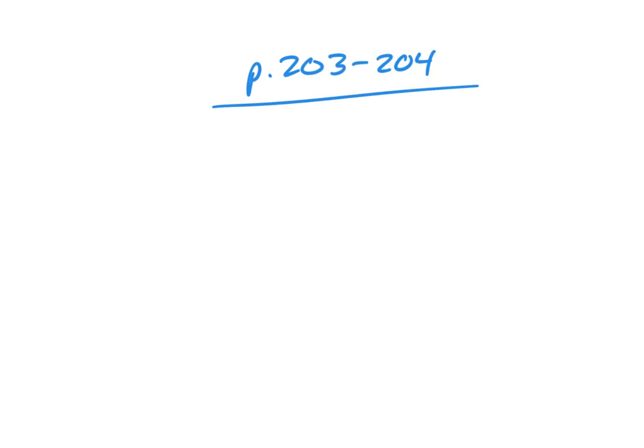Okay, we're going to do 5 through 80 by 5s. We're going to skip number 60 because number 60 asks for the discriminant, and we're not going to worry about the discriminant.